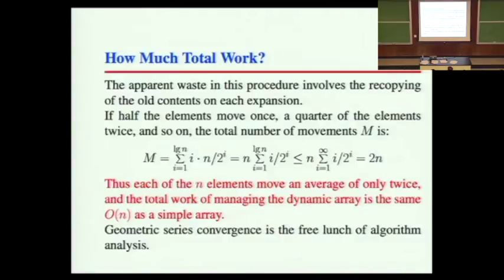Why is this expression the way it is? Well, you look at it from top down. Yes, top down or bottom up, depending on where the top or bottom is. But anyway, just keep thinking about the same thing. These n over 2 things you only touched once because they never got copied. These n over 4 things, you copied them once and inserted them once, so you only did 2 units of work on them.